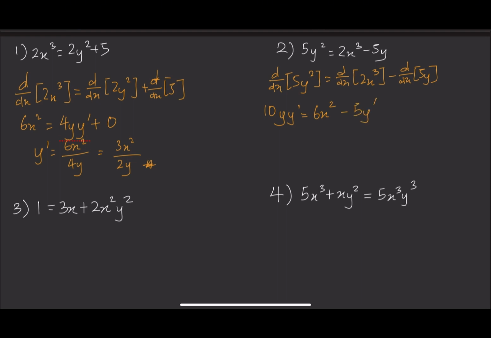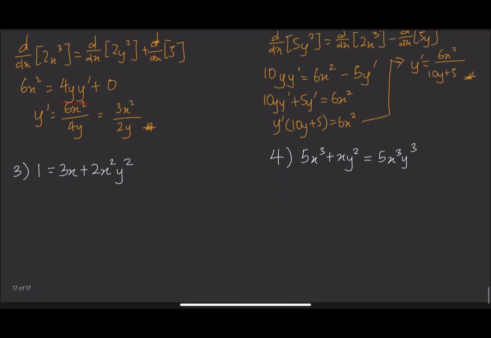Now, how do we isolate? We bring it over to the other side. Plus 5y prime equals 6x squared, and then we factor out the y prime because it is a common factor. 10y plus 5 equals 6x squared, and then we bring it over and divide, so y prime equals 6x squared over 10y plus 5, and that is your answer.